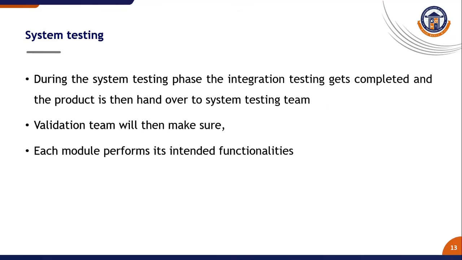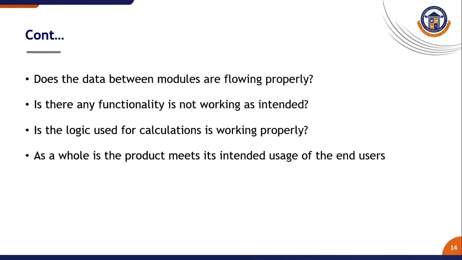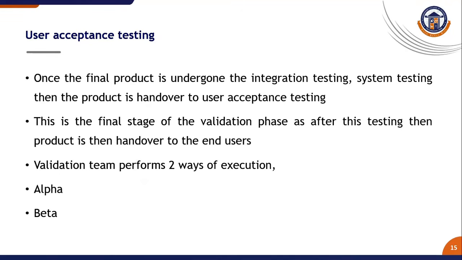The validation team will then make sure each module performs its intended functionalities. There are a number of checklists. Does the data between modules flow properly? Is there any functionality not working as intended? Is the logic used for calculation working properly? As a whole, does the product meet its intended usage by the end users?